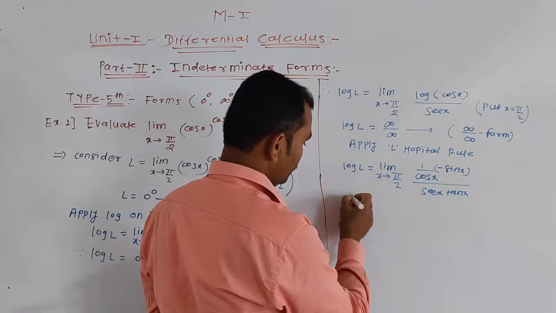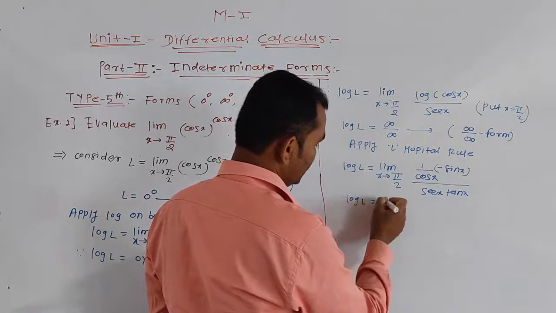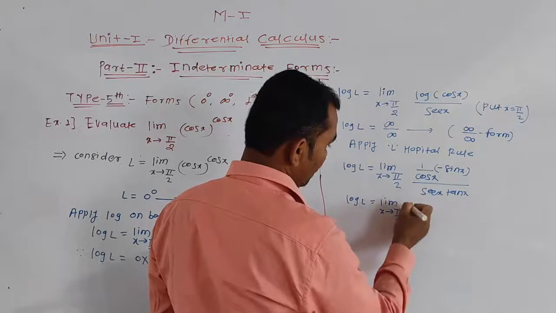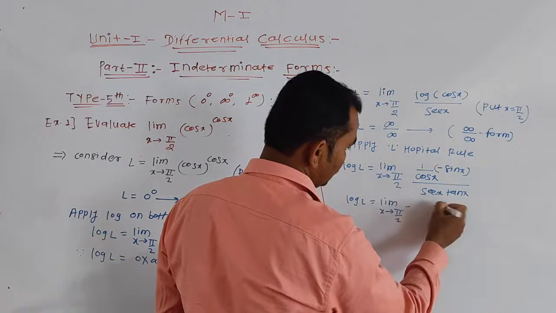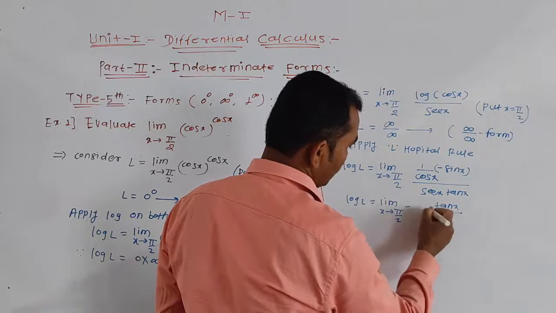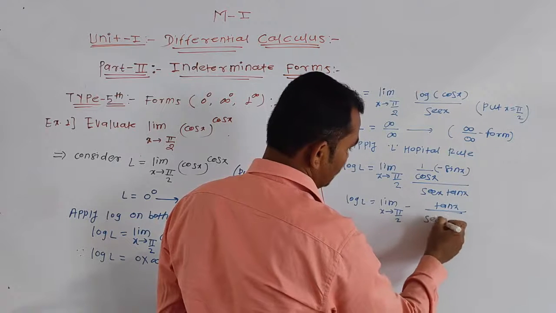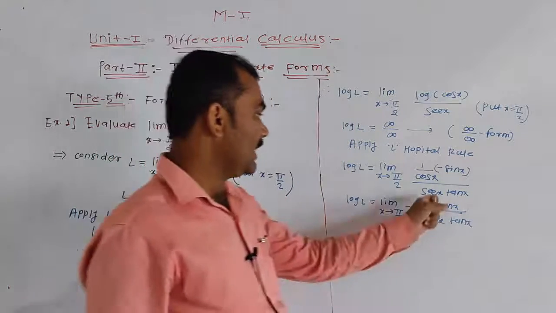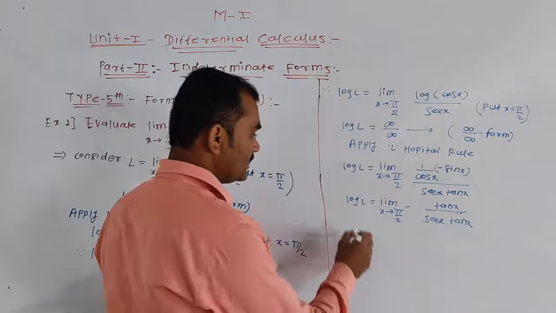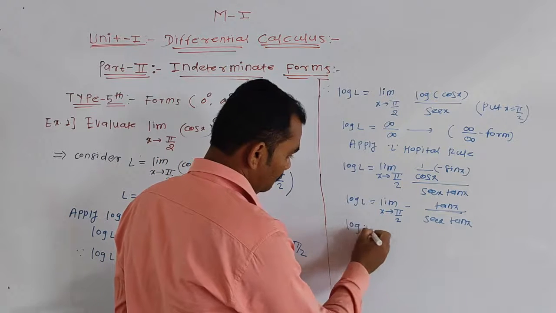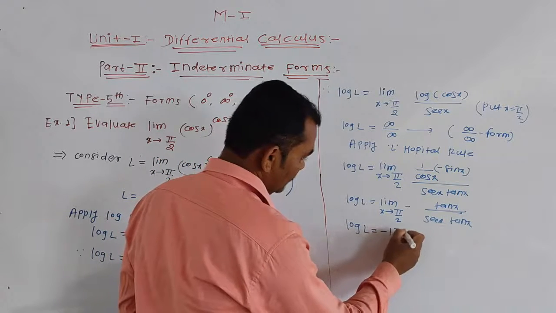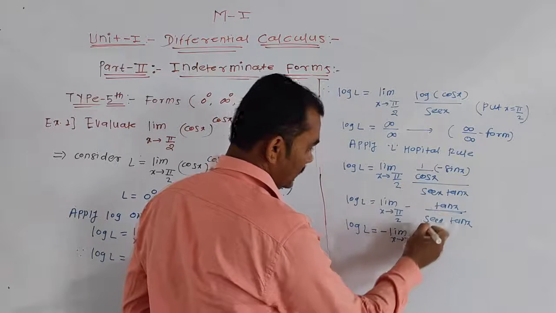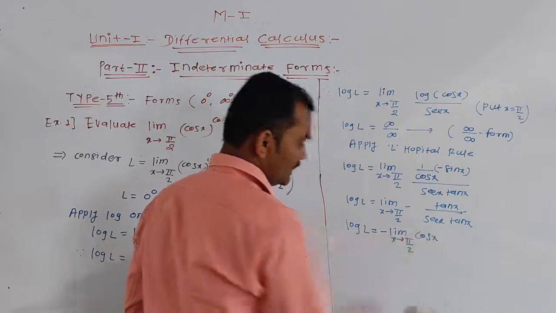We get this: log of L is equal to limit x tends to pi by 2, here is minus sin, sin by cos is tan, so tan x upon sec x into tan x, correct? Then tan cancels. So log of L is equal to minus limit x tends to pi by 2 of 1 by sec, which is cos x.